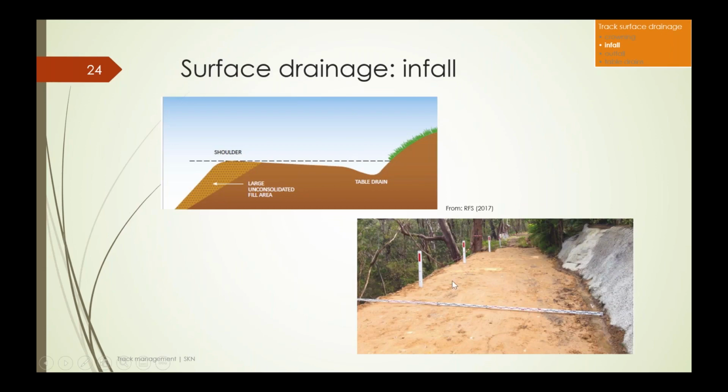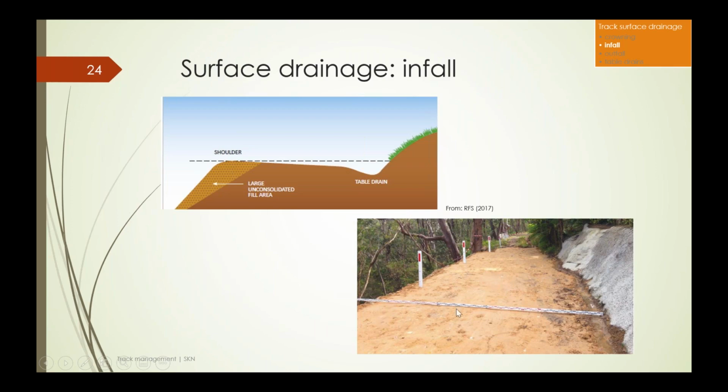Infall drainage is perhaps not the most common form of drainage, but is crucial where you have a substantial fill batter on the outside. So it's a particular drainage measure on steeper slopes where, in cutting the road in, you've generated a lot of fill.